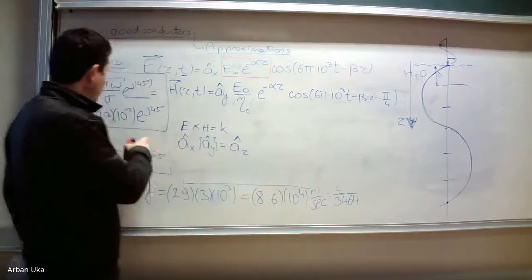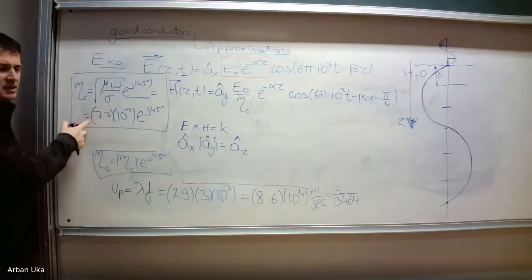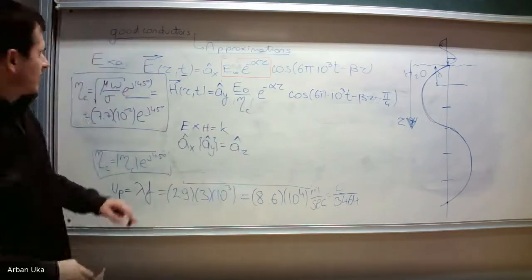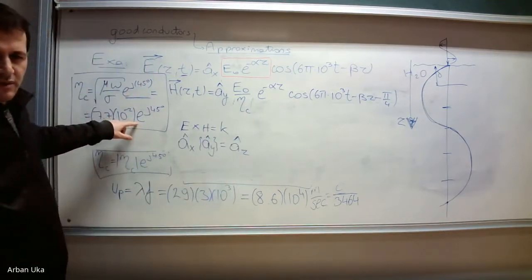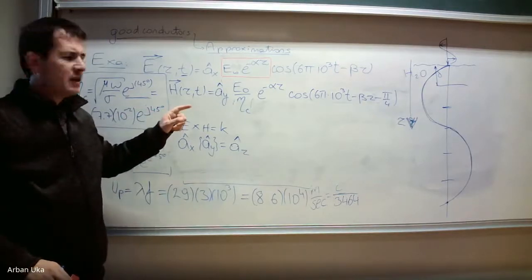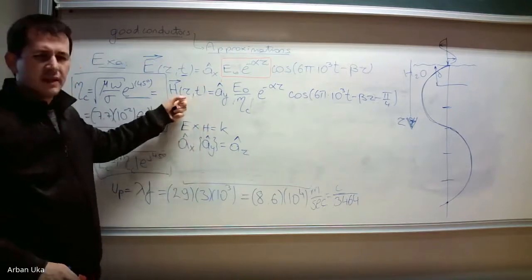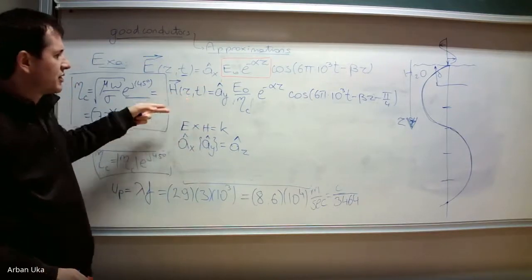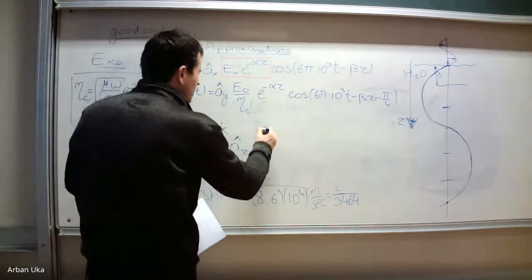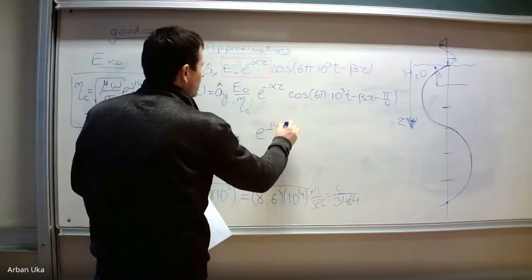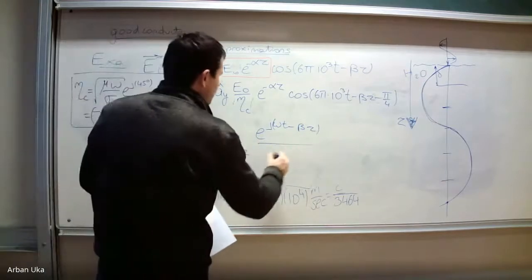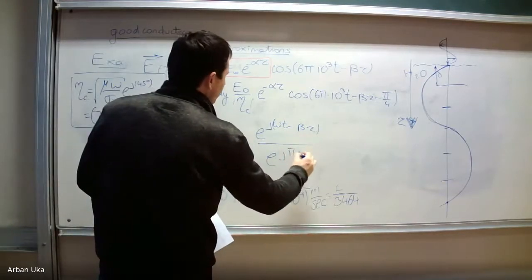Initially we divide by this because this is the intrinsic impedance, but this division by a complex number appears only in the phasor notation. When we come to the instantaneous expression, this term first appears as e to the power j omega t minus beta z, and this was divided by e to the power j pi over 4.